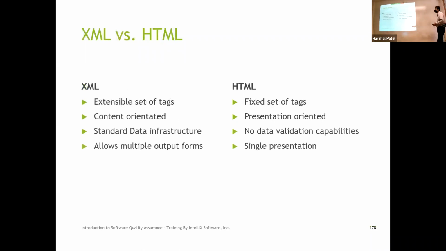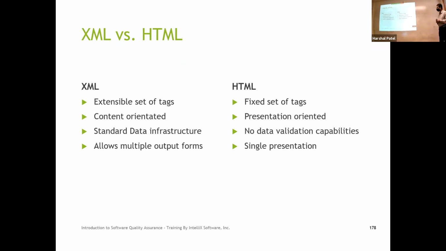Okay. So the key difference is, in HTML, we said that there is only a fixed set of tags, right? They are not case sensitive, right? And you cannot define your own tags. In XML, it's an extensible set of tags, so you can define your own tags to call whatever you want.